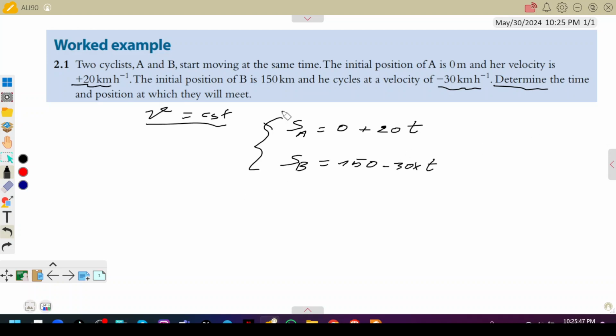Now for the time, we know that they will meet when their positions are equal, which means once S_A equals S_B, the time would be determined. So let's apply this. We have S_A equals S_B, that means 0 plus 20t would be equal to 150 minus 30t.